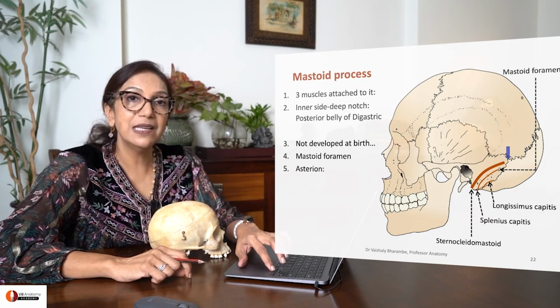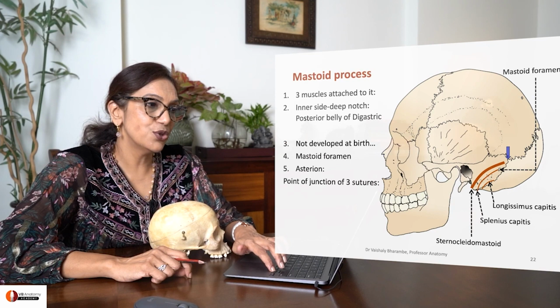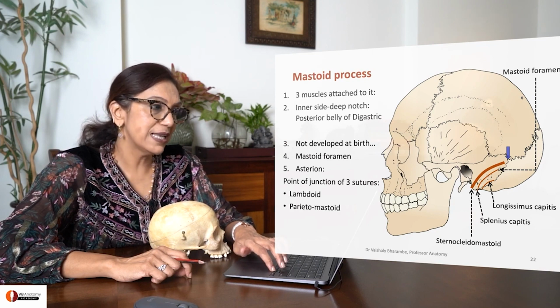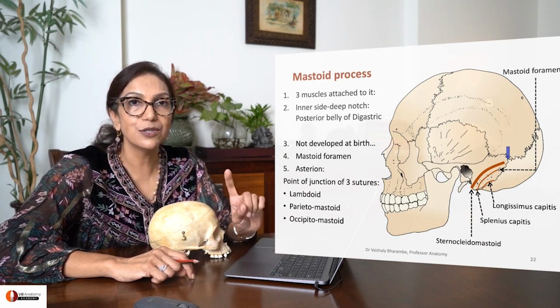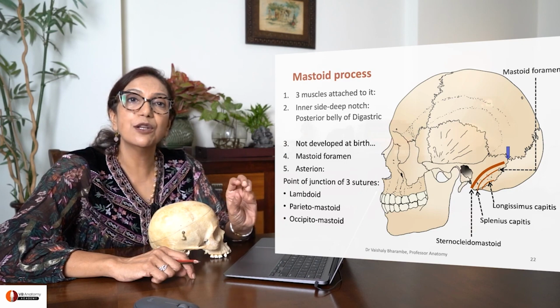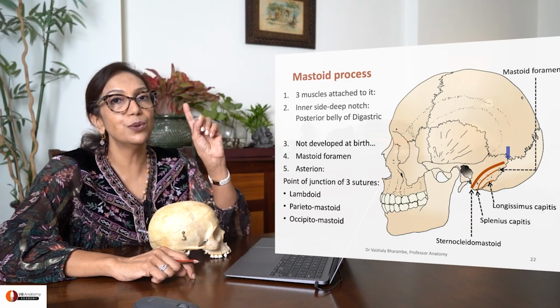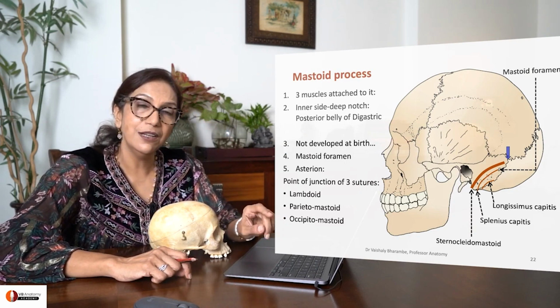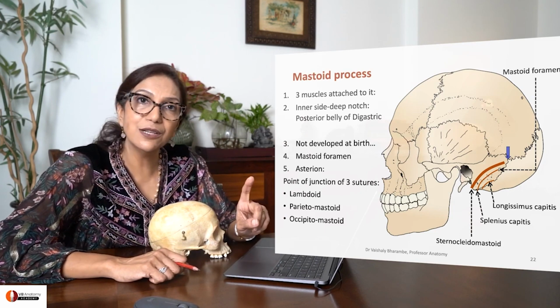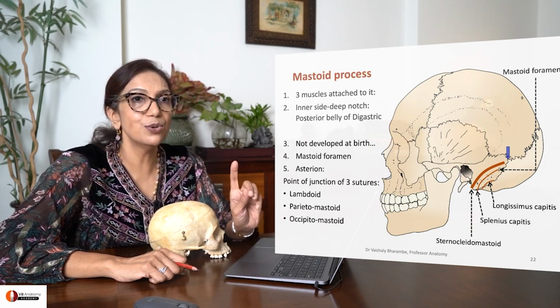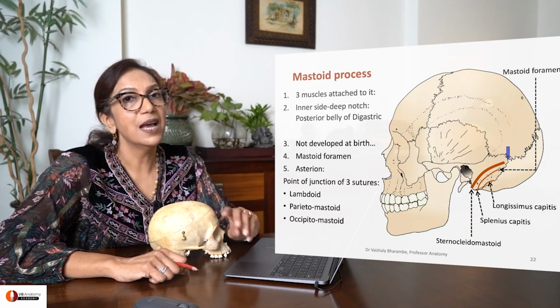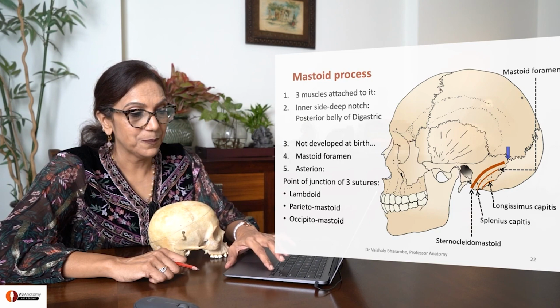It's a point where three sutures meet: the lambdoid suture, the parietomastoid, and the occipitomastoid. The point where these three sutures meet is called the asterion, and it is the ossified part of the posterolateral fontanelle seen in the fetus. I have taken a class on this in Norma Verticalis. Please refer to that class to understand what fontanelles are and their applied importance.